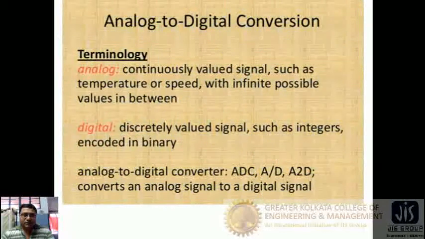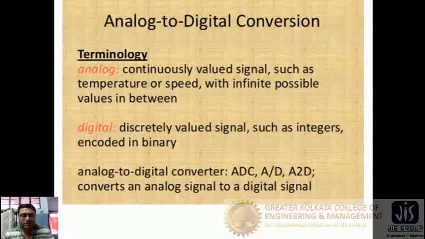Now first, these are the two terminologies in the analog and digital domain. Analog is continuous in nature and has infinitely many possible values between any two points. So analog is continuous in both time and amplitude.